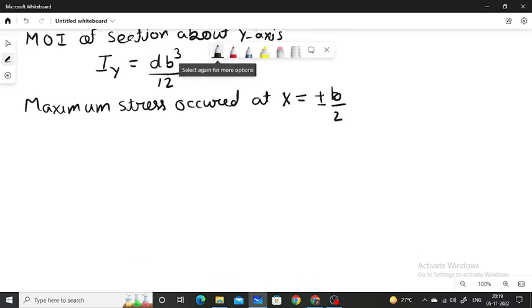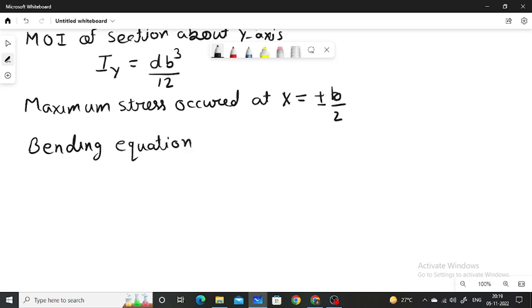So from the bending equation, M upon I is equal to sigma b upon y, or sigma b is equal to M upon I into y.